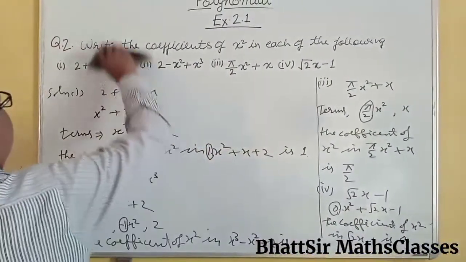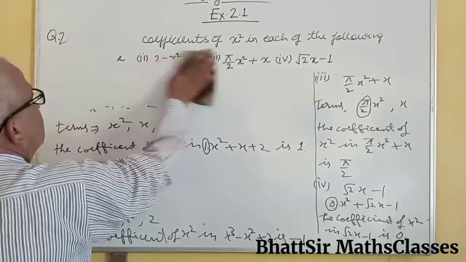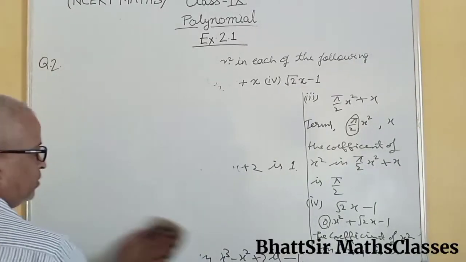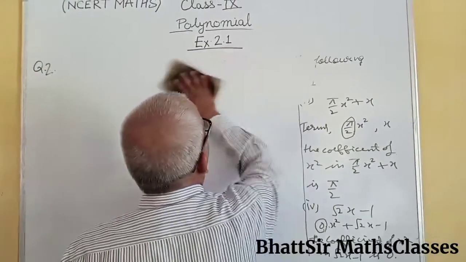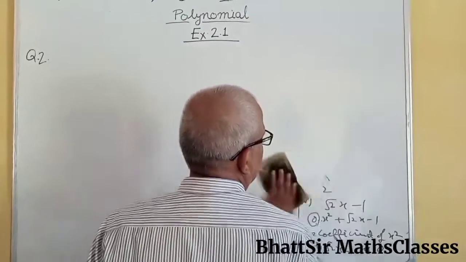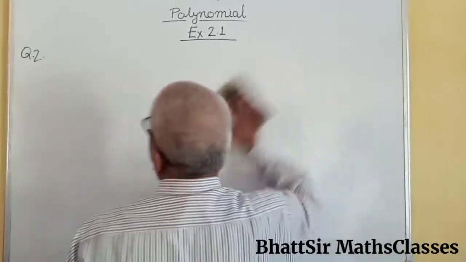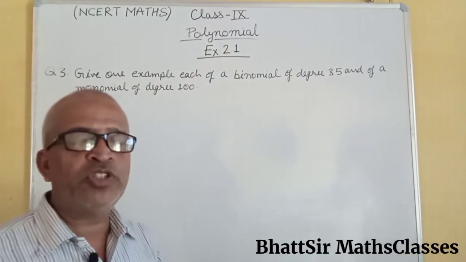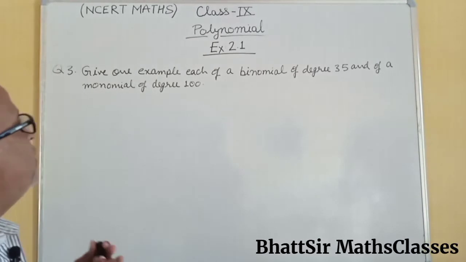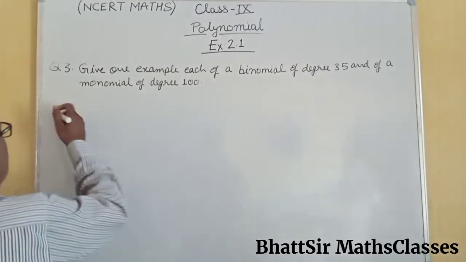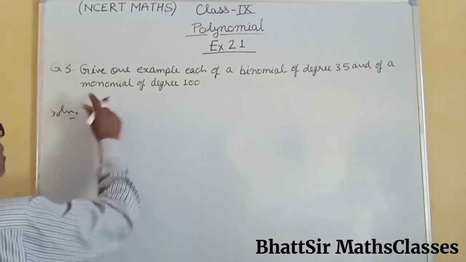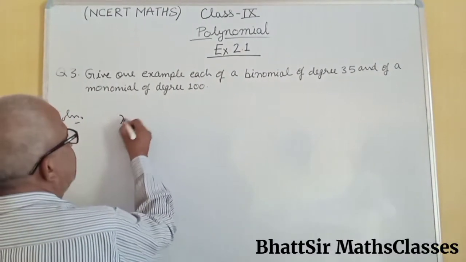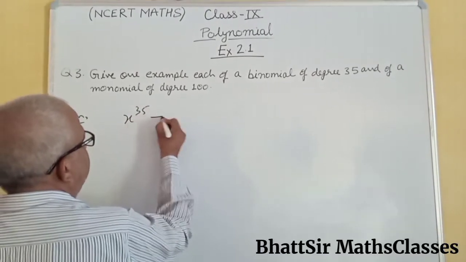I am attending question number 3 of exercise 2.1, chapter 2 polynomials. Give one example each of a binomial of degree 35. It means x to the power 35 plus 7.